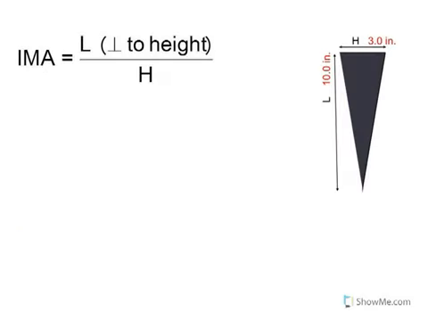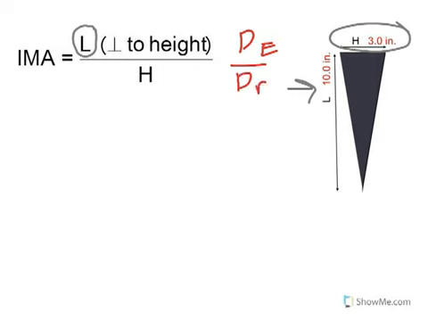Here you can see what our ideal mechanical advantage is with a wedge. We're talking about our length perpendicular to the height, this side here, and then our height, which is here at the top. This is the same as what we had said before, as this being our distance of our effort and our distance of our resistance.